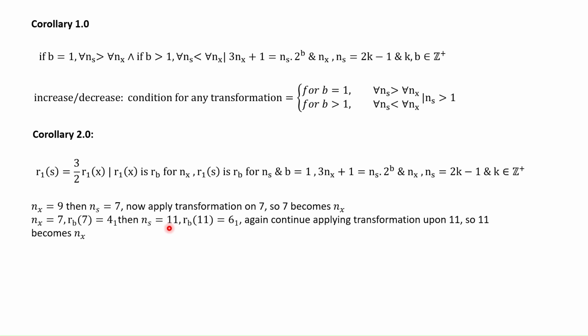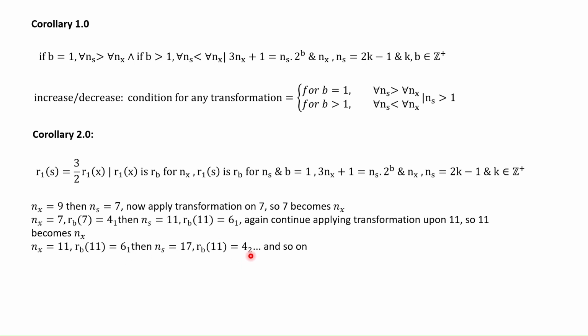Both the things are coupled. That is one step. So from 7 you get 11. For 11, if you look at the value of rb, you get 6 1. This means that it was 4 into 3 by 2, we get 6. And if you apply transformation again, then eventually your value of b increases.